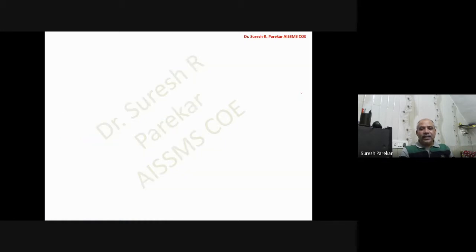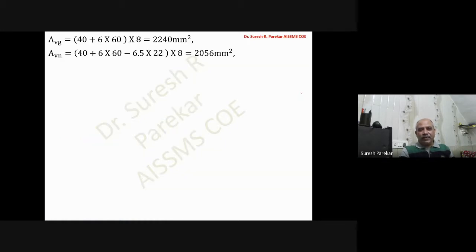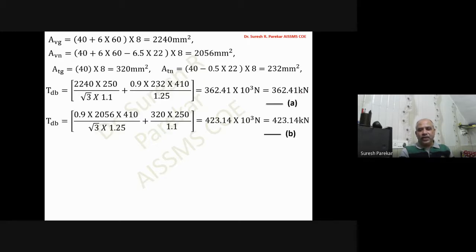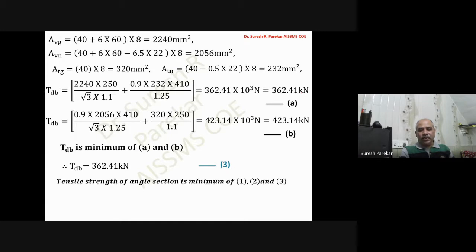And in the same way we are going to find AVG, then we have to subtract the bolt holes in AVN, and for ATG perpendicular to this, for ATN we have to subtract bolt holes. And from this we are going to get TDB1 as 362.41, TDB2 as 423.14 kilonewton, and TDB is the minimum of these two, which will be 362.41 kilonewton.